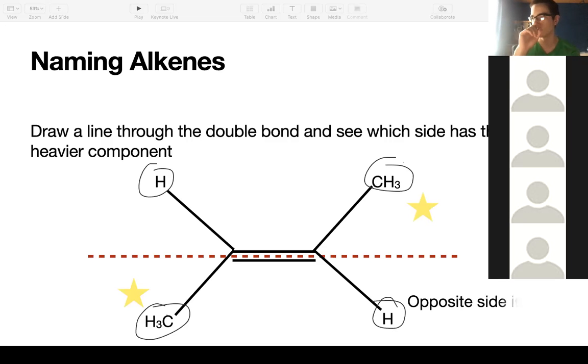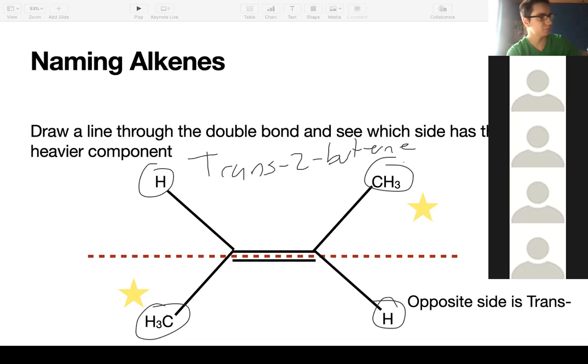And so we'll use trans to indicate that they are on opposite sides. So the name of this one would be trans-2-butene. And just like that, that's the difference between cis and trans. Any questions on the cis and trans thing? I think if you just use this method, it'll work out.